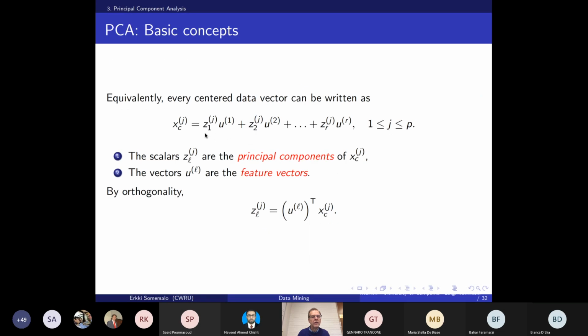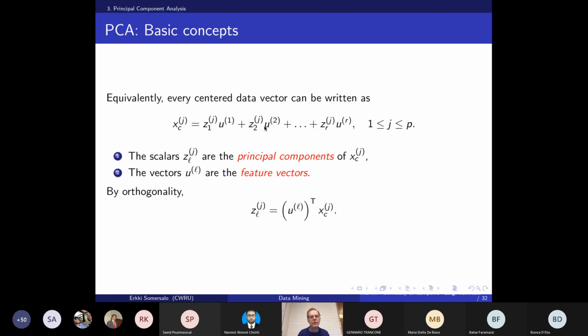And so here is maybe a more suggestive way of writing this. If I take the jth data vector, you see that it's a linear combination of U1, U2, etc. UR. So these are the columns, or the singular vectors, of the data matrix. And then there are some coefficients, C1J, C2J, etc. CRJ.